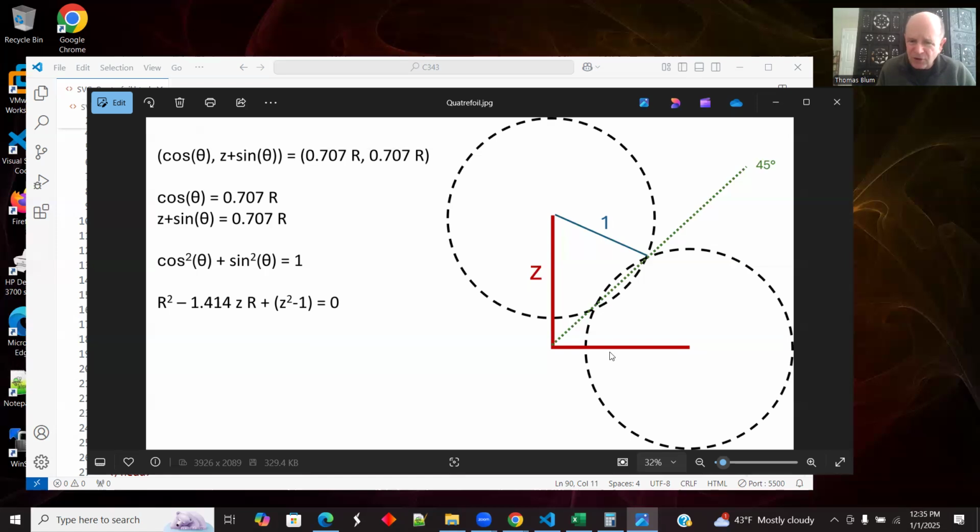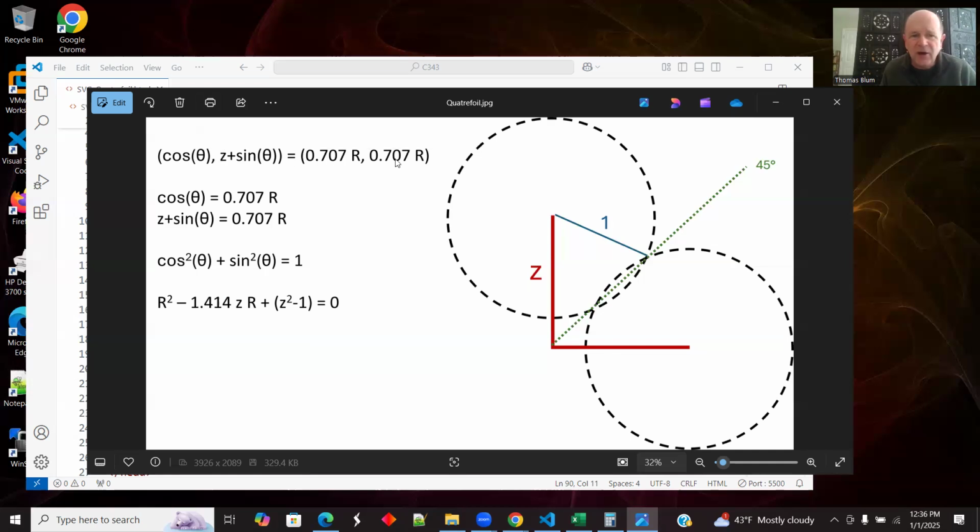But the vertical in this coordinate system is going to be z plus sine of theta. In this coordinate system, that theta may be a negative theta, but okay, there we go.